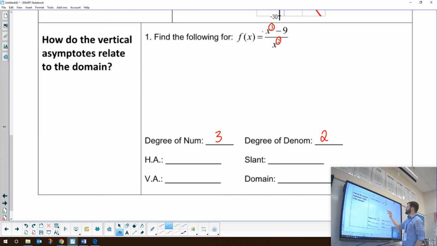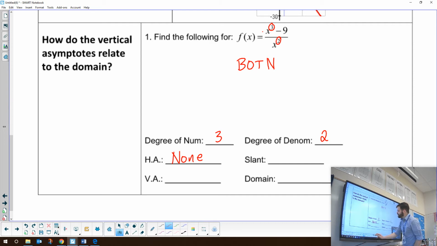So that means, you guessed it, bigger on top, no horizontal asymptote. However, we can have a slant asymptote since I'm missing the horizontal asymptote. And to find my slant asymptote, we have to divide the top by the bottom.